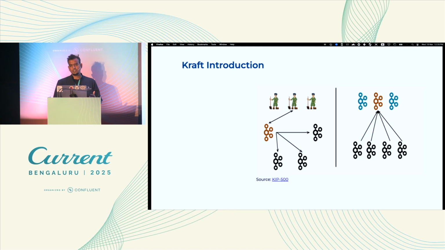Now, as Kafka scales, Zookeeper becomes a bottleneck. So as part of this KIP-500, they initiated the plan to move away from Zookeeper. On the right-hand side is what a KRaft-based Kafka cluster would look like. You'll again have a set of data plane brokers whose core responsibility is storing data.